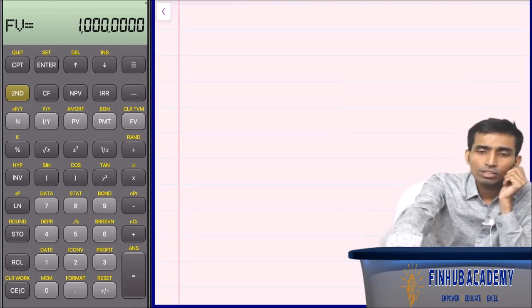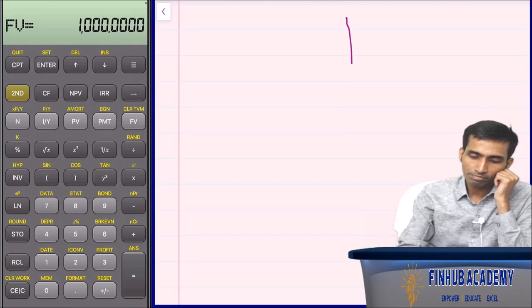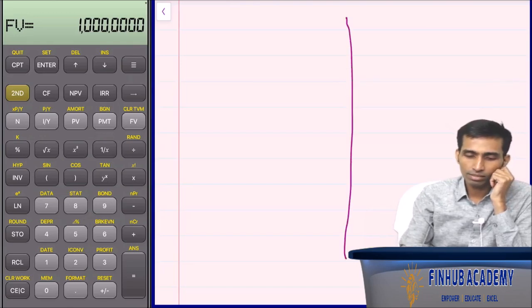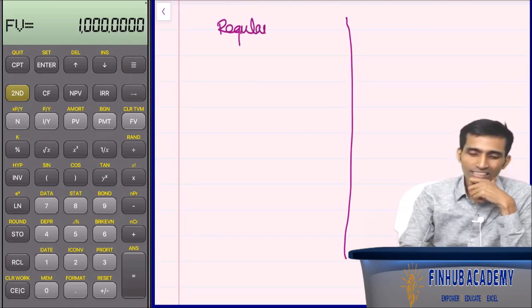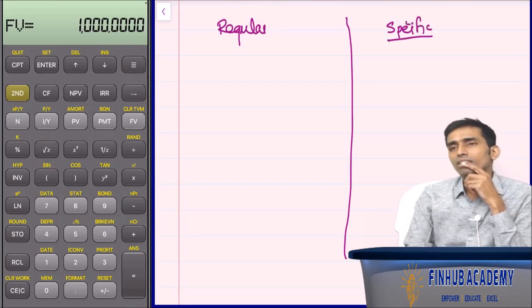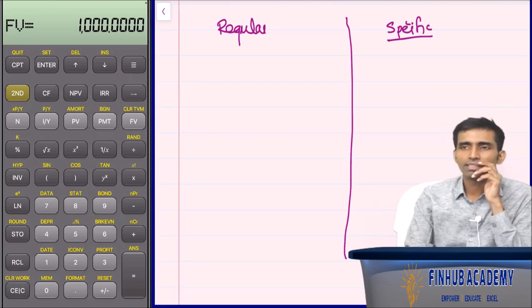So what we can do is say that the calci has two parts. One is the regular use of the calci, and another one is specific use, specific purpose. Regular means what? Plus, minus, multiplication, division, all those things, which normally we do on our calcis.